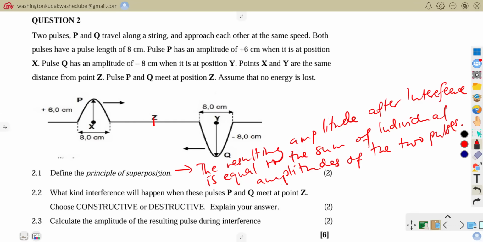So whenever we have an interference, the resulting amplitude after that interference, like for example here, we have got a pulse that is moving in that direction, which has got this amplitude.